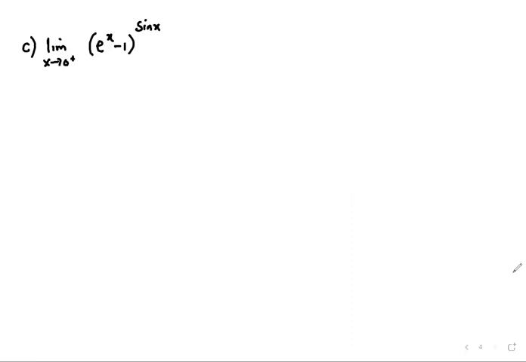So we say that if you place a 0 here, you're going to have 0 to the power 0. So 0 power 0, you will let this be equal to y, the limit of e to the x minus 1 to the power sin x, and then apply ln.